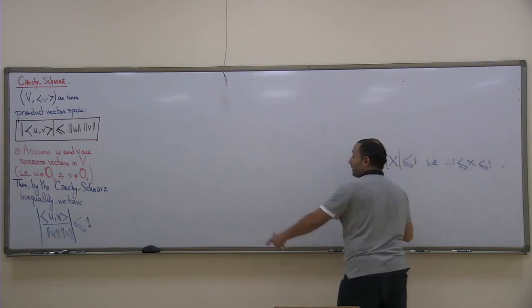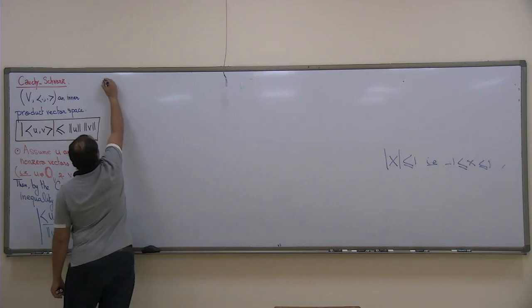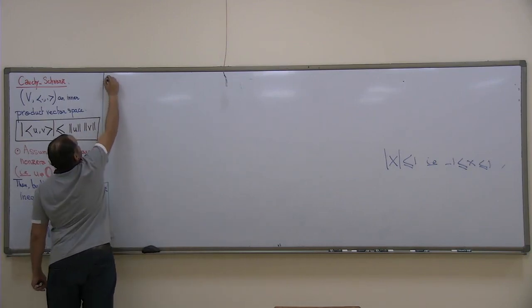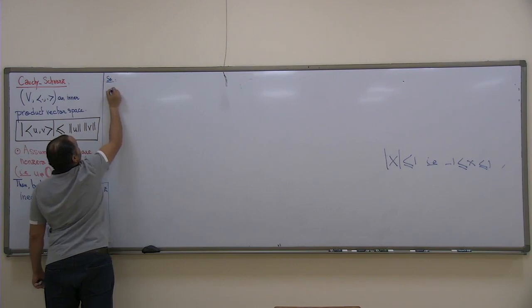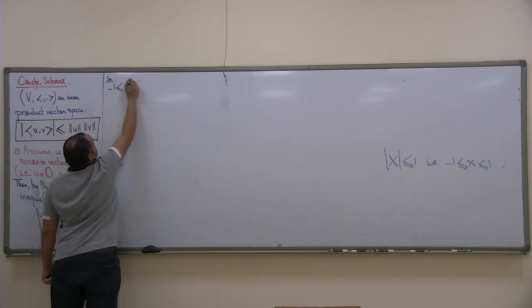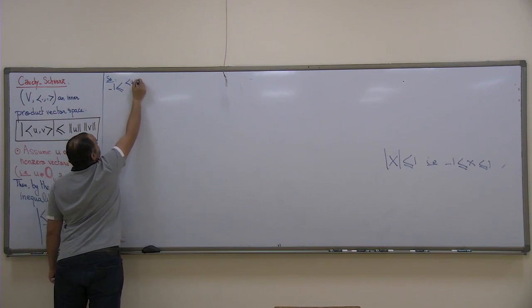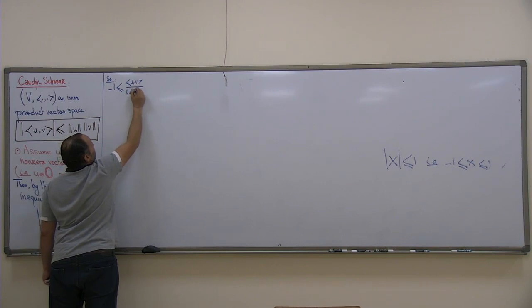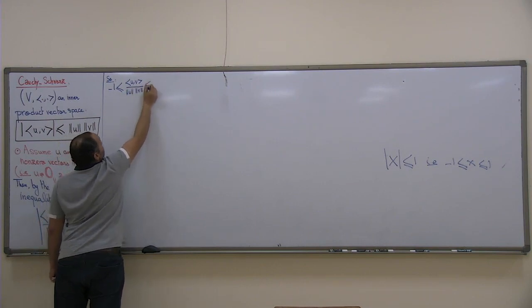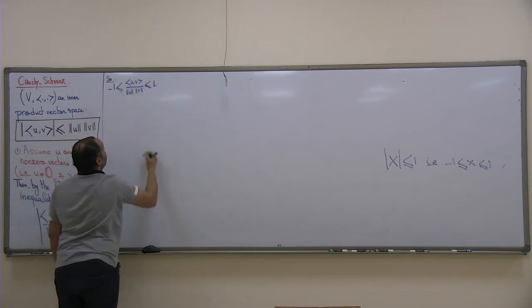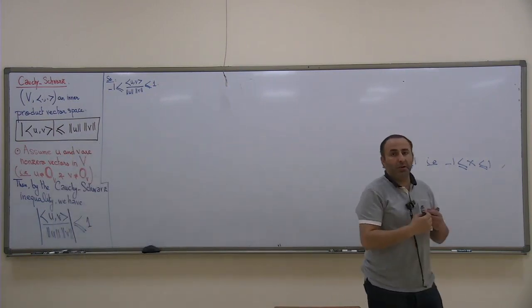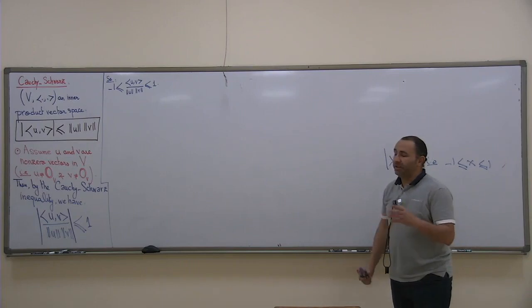So I'm going to write it this way. Minus 1 is less or equal to inner product UV divided by norm of U, norm of V, less or equal to 1.